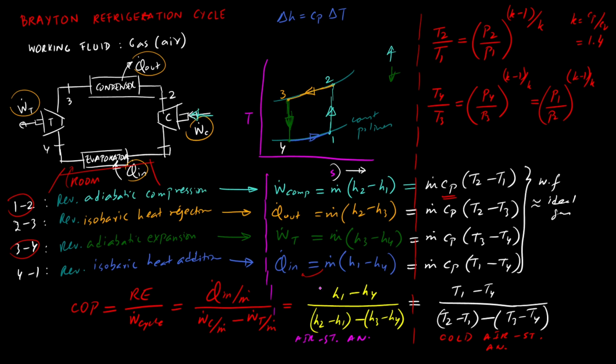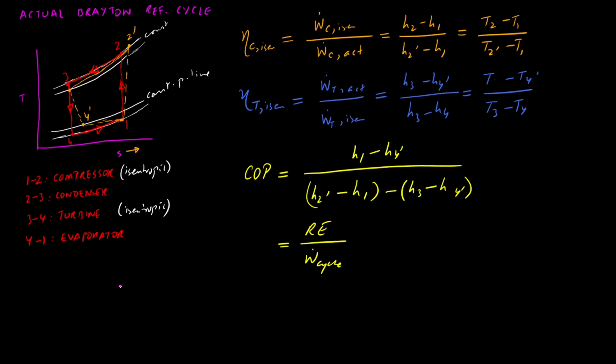So if I was talking about the air standard analysis, then instead of being able to use the two equations that I wrote previously, I would be using relative pressure terms, which would be PR2 divided by PR1 equals P2 by P1.